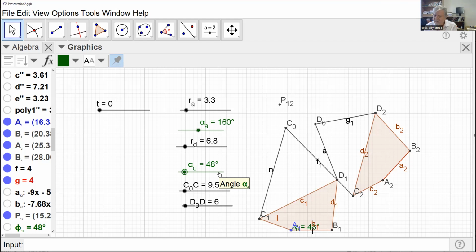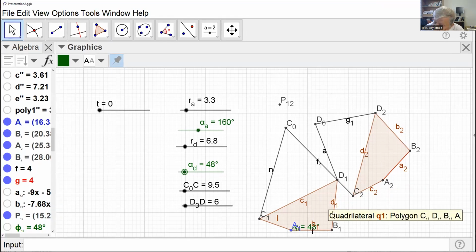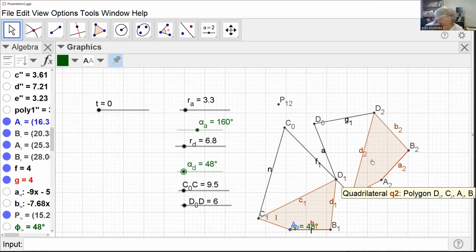These are theoretically possible. The reason is we have nothing to say about the motion in between. We have a 4-bar, yes, but we don't know anything about the motion in between these two positions. We know the 4-bar is going to exist at these two positions.